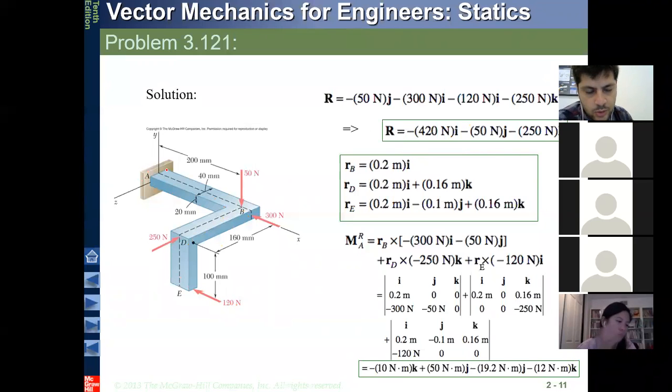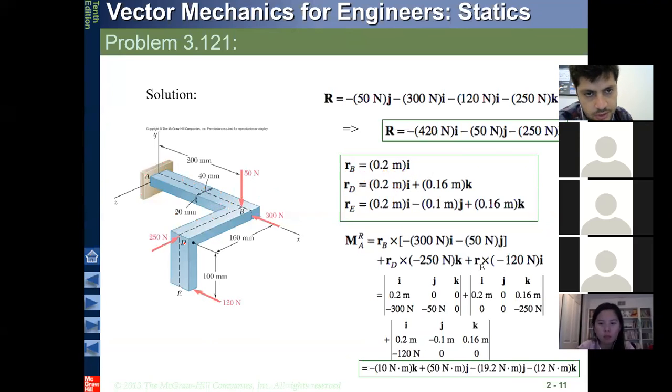And then in order to calculate the moment around point A, you have to have the distance vectors AB, AD, and AE, which are the distances to the points that these forces are exerting on. So R of B, based on the geometry, is equal to 0.2 meter in X direction.